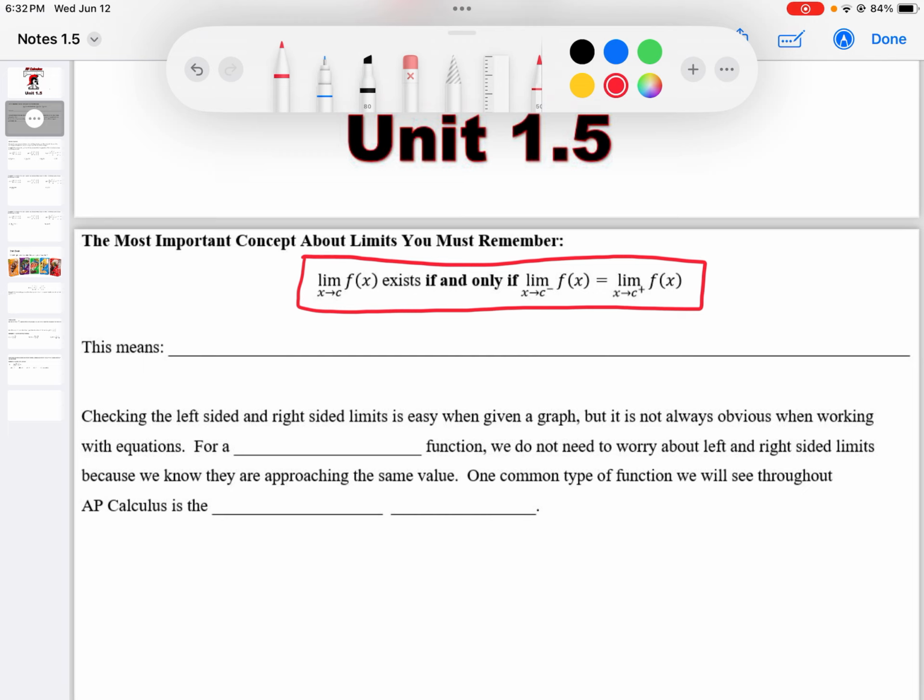So this means the left-handed limit and the right-handed limit of a function at c have to be equal for the limit at c to exist. So I want to write that out real quick.